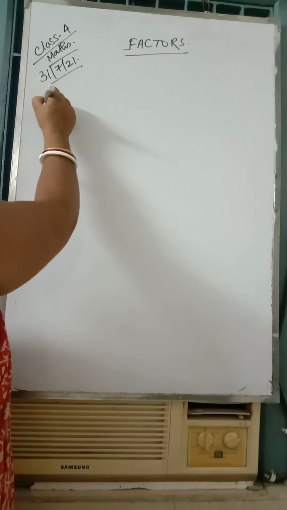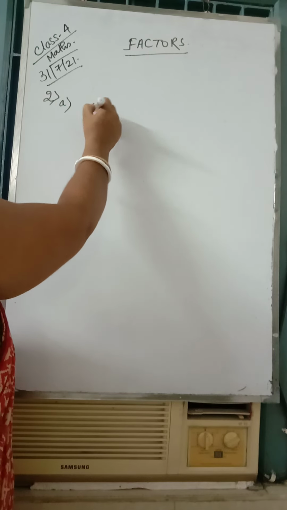It says divide. Now we have to see by which numbers the given numbers are divisible. A, 42.